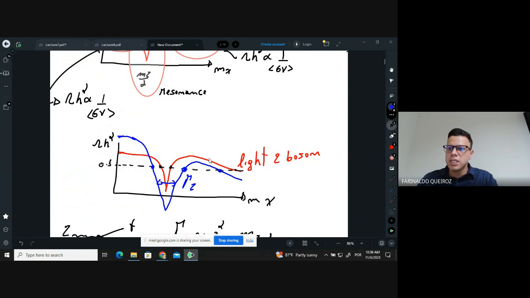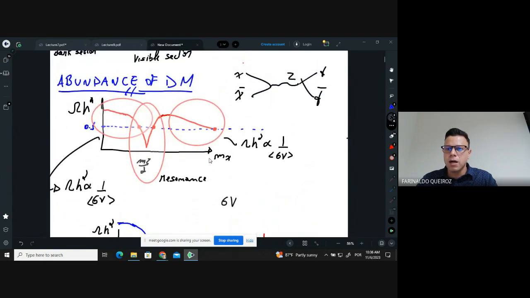Because the sigma V, not the thermal one, the sigma V for an interaction which is chi bar chi to Z to fermions, this sigma V will be proportional to the coupling to the 4th power over the mass of the Z boson to the 4th power. Okay? And there will be some dependence on the dark matter mass, some log dependence, but it's not so large.